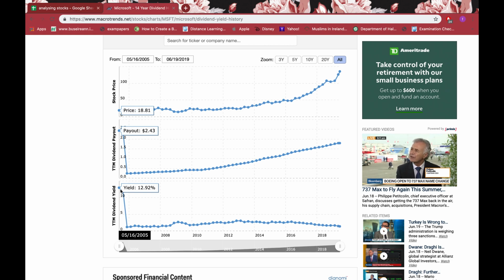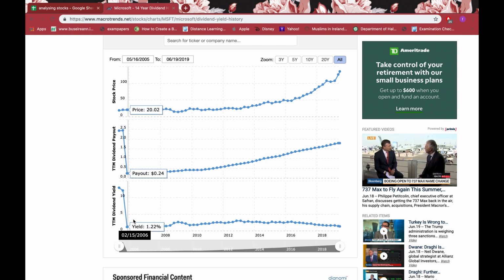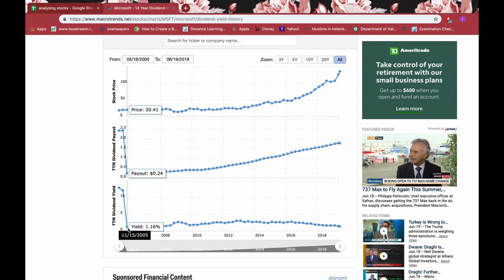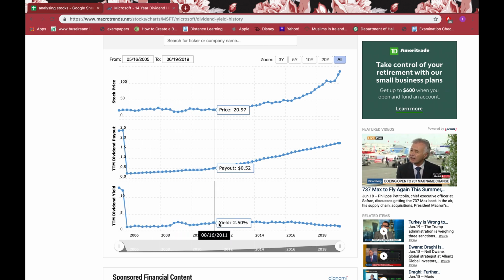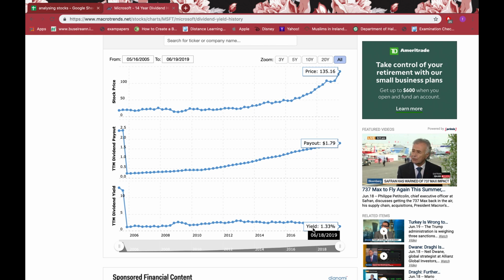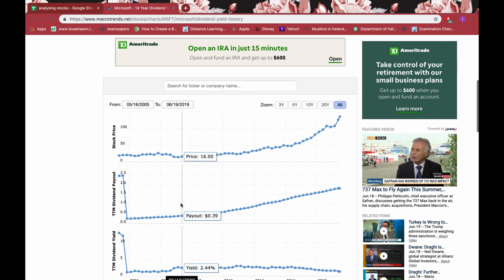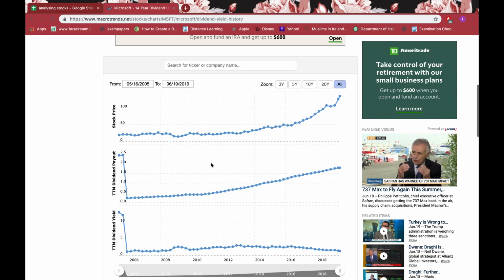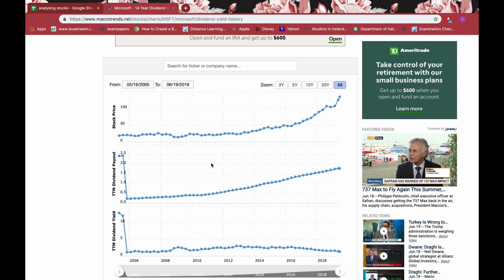Okay, so it started with 12.92%, which was a lot of dividend in 2005, and then it reduced its dividend to 1.16%, and it has continued going up and down, with 2.34, then 1.42, 1.33%. Dividends tell that they have extra money, so they are able to pay.